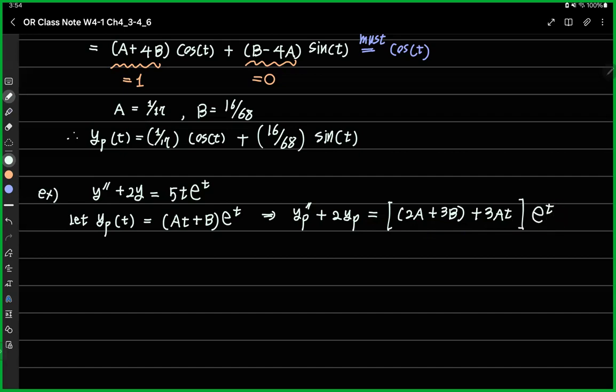You see that? Then that means 2a plus 3b must be 0, and 3a must be 5. So a and b can be determined.